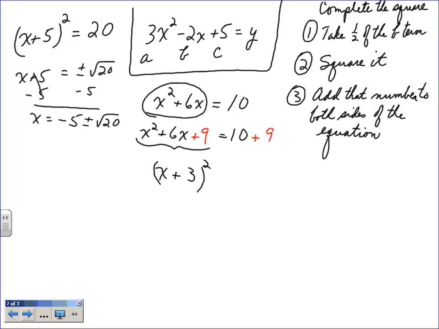So I had to add a number to complete the perfect square. Now it's a perfect square. If I multiplied x plus 3 times x plus 3, I get x squared plus 6x plus 9. And 10 plus 9, 19. That's the method.